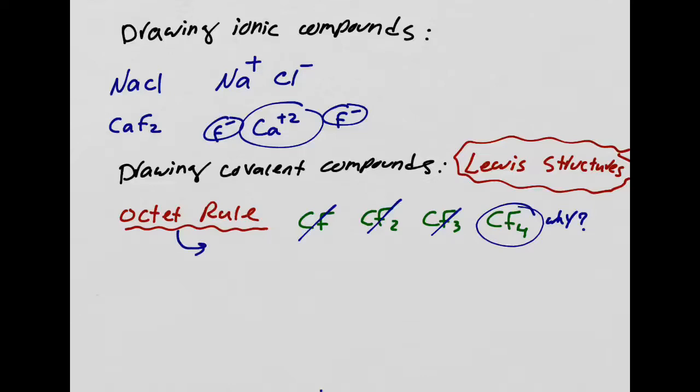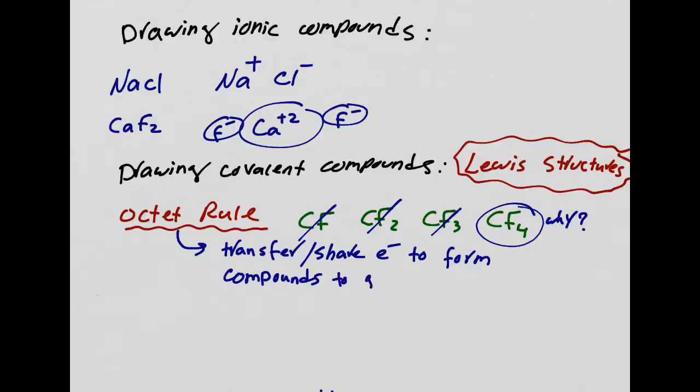So the Octet Rule says you transfer electrons for ionic compounds, or share electrons for covalent compounds, to form compounds that give atoms a stable electron configuration.